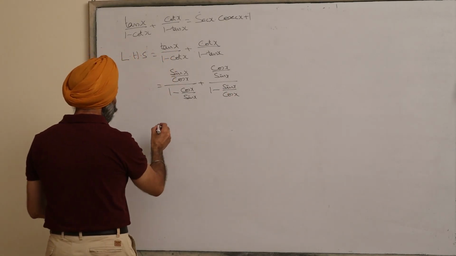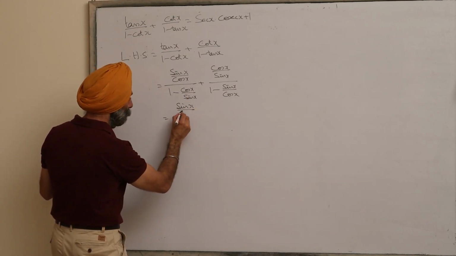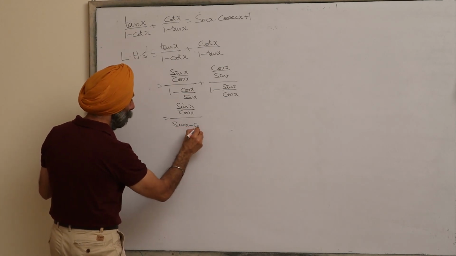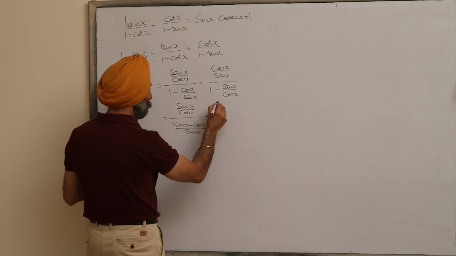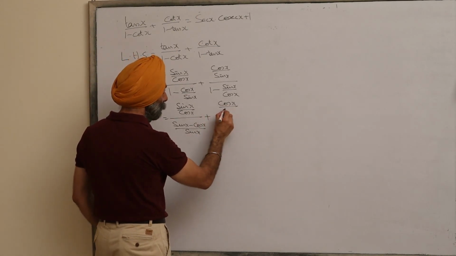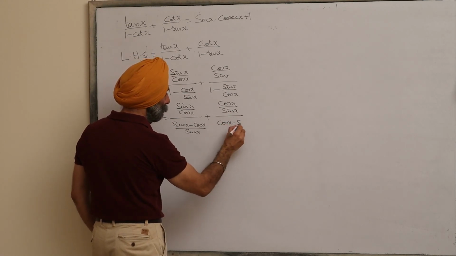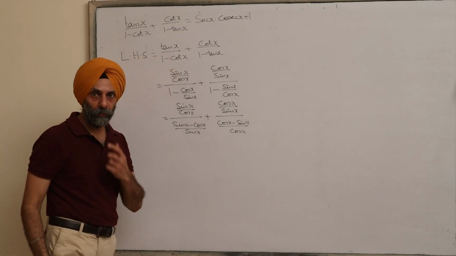So this can be written as, if you simplify, sin x upon cos x over (sin x minus cos x) upon sin x, plus, what is that? It is cos x upon sin x over (cos x minus sin x) upon cos x.